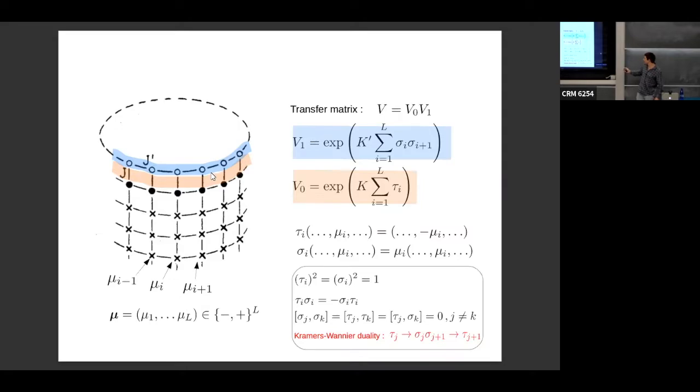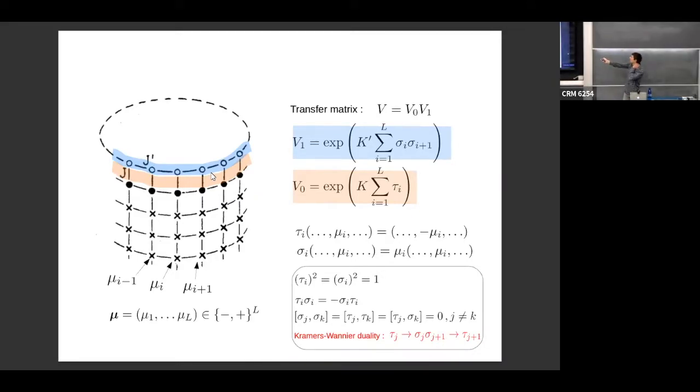It's naturally implemented in terms of these matrices through the following mapping. Tau on one site gets mapped to the product of sigma and sigma on two neighboring sites, which itself gets mapped to tau, but on the next site again. That's how duality acts, because mu is plus or minus 1.